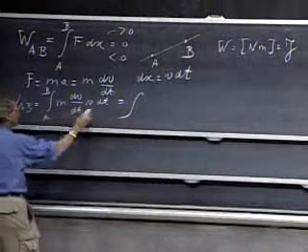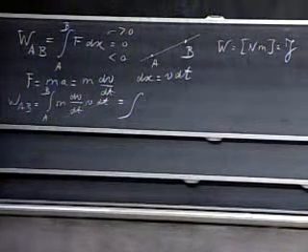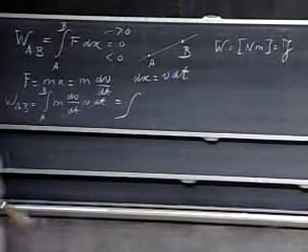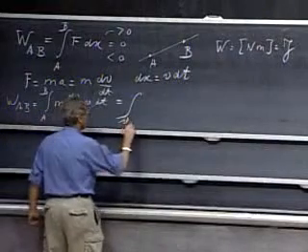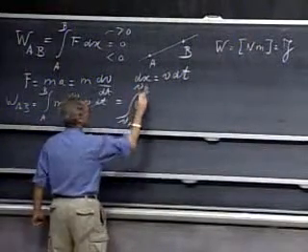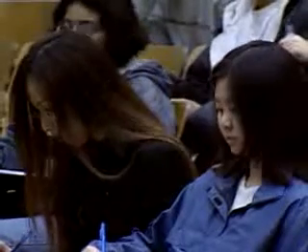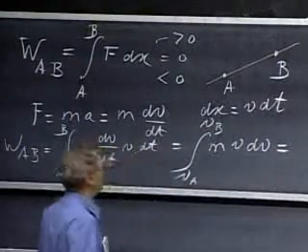I can eliminate time, and I can now go to an integral over velocity, from velocity A to velocity B, and I get m times v times dv. That's a very easy integral.